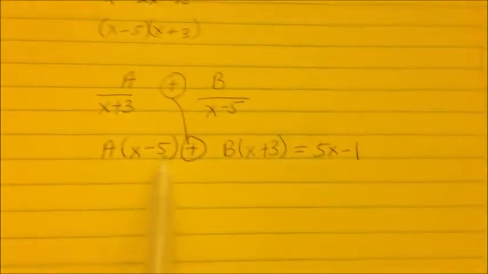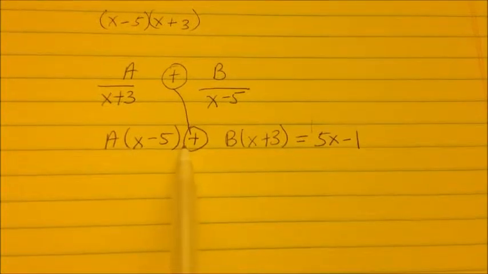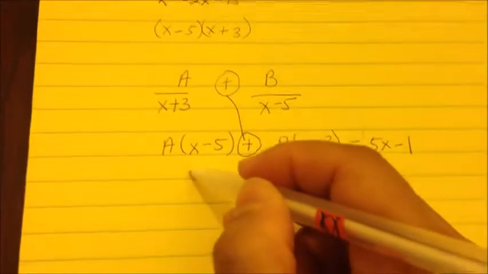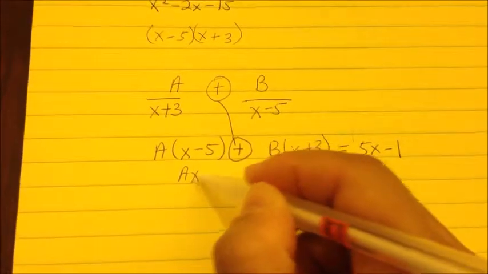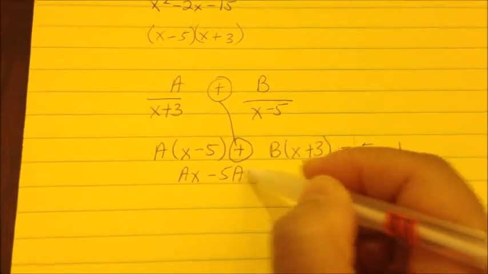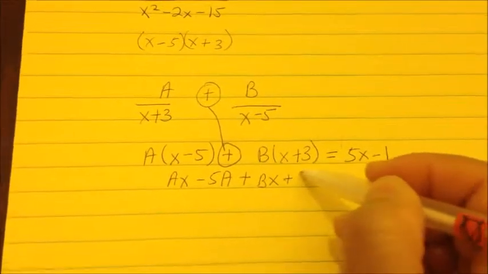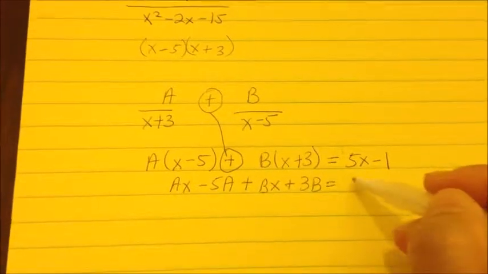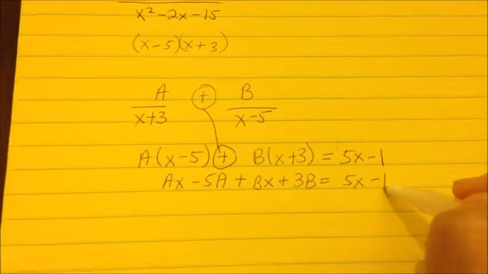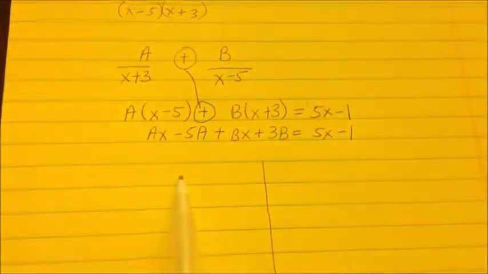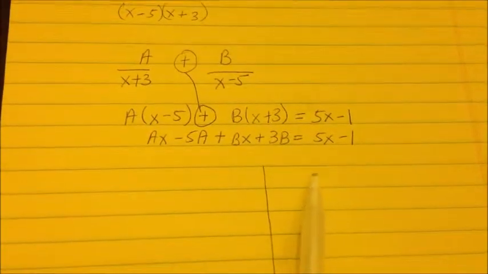Now from here, let's distribute the A, distribute the B, and do some splitting up and combining like terms. So I have Ax minus 5A plus Bx plus 3B is equal to 5x minus 1. Now let's split this up. I want to have all the x's on one side and the numbers on the other side.